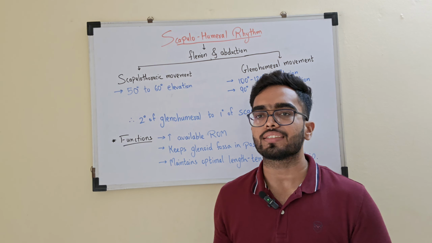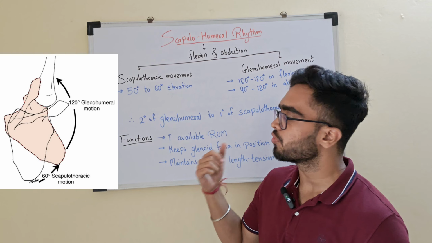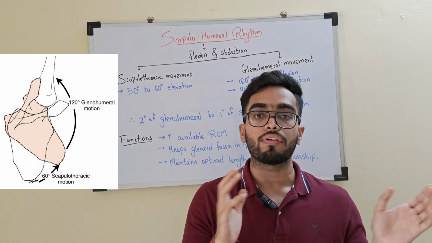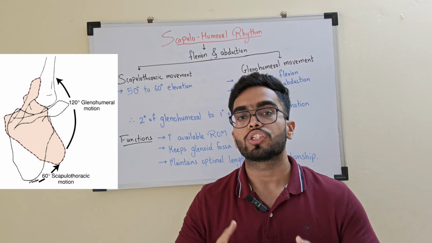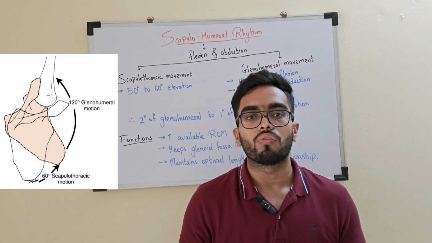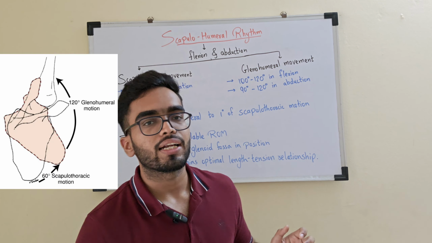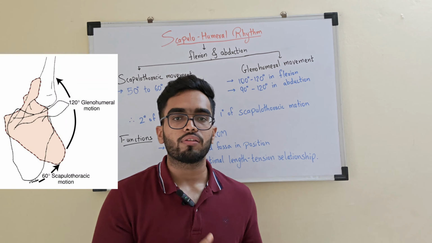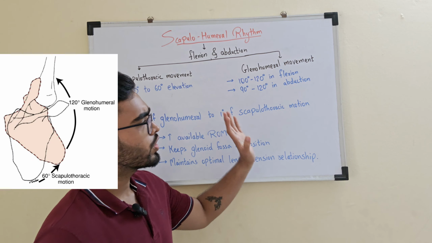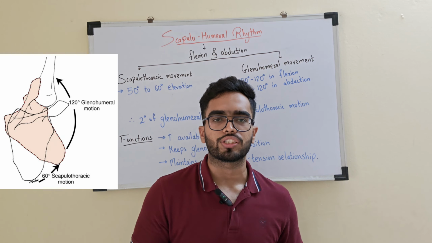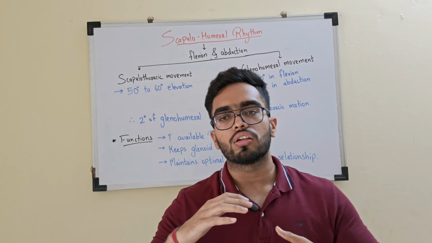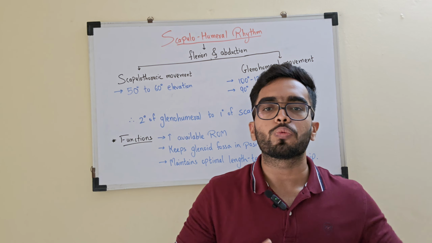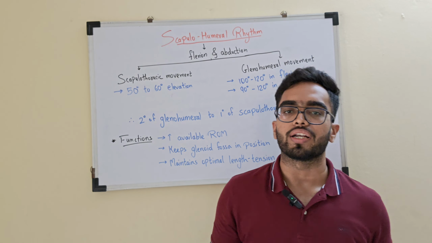So what it says is that the scapulothoracic movement, the movement of scapula on the thorax, contributes around 50 to 60 degrees during shoulder abduction and flexion, while the glenohumeral joint, that is the movement of humerus with the glenoid fossa, contributes around 100 to 120 degrees during flexion and abduction. So it is a ratio of 2 degrees of glenohumeral joint movement to 1 degree of scapulothoracic joint movement.